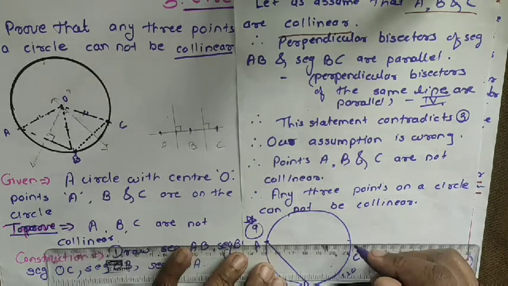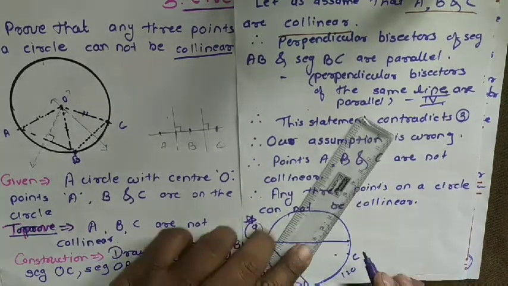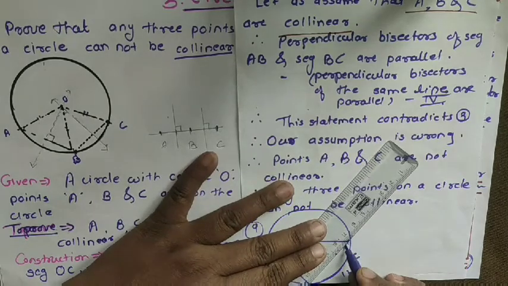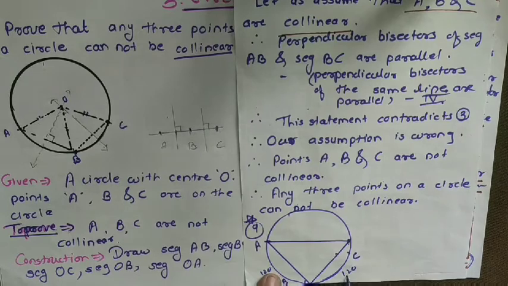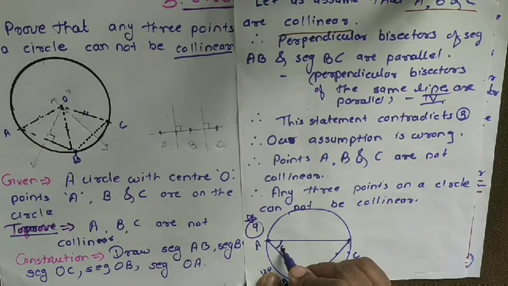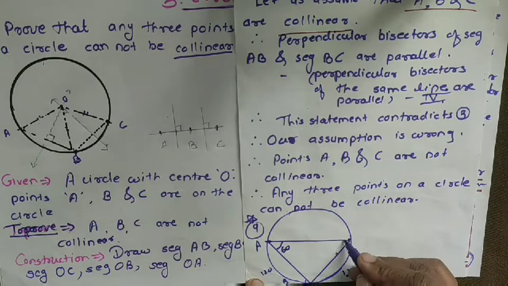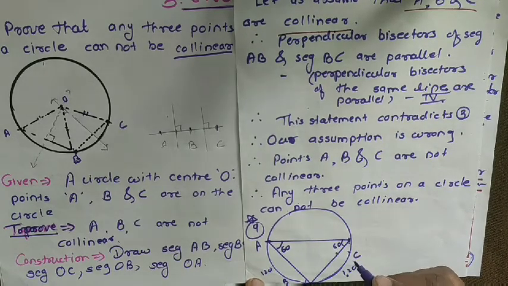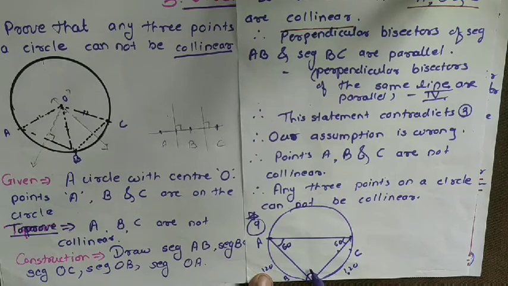If you see here, the figure does not exactly match the question, but also what happens when we join these 3 points? If this arc is 120, this angle's measure is 60 because it is an inscribed angle. If this arc is 120, this angle's measure is also 60. And as you know, the sum of the angles of a triangle is 180. 60, 60, 180 minus 120 is equal to 60.